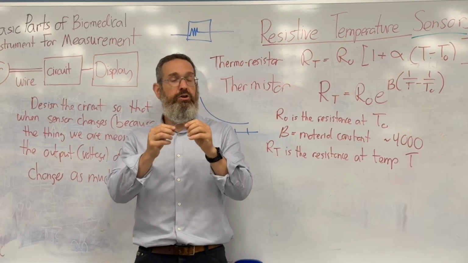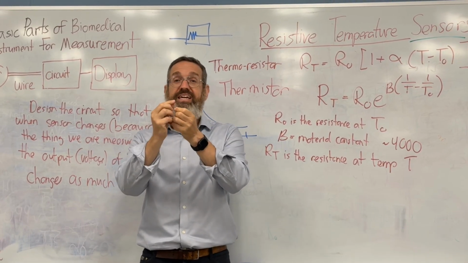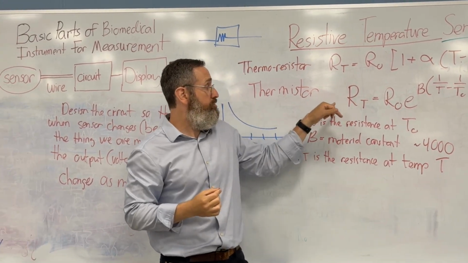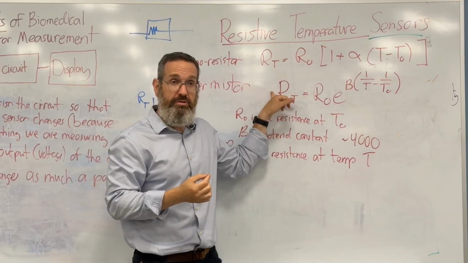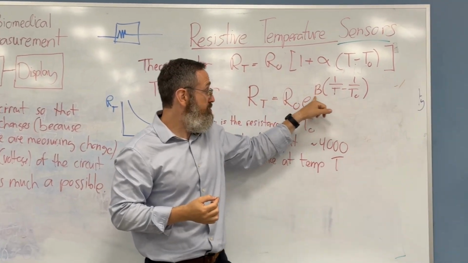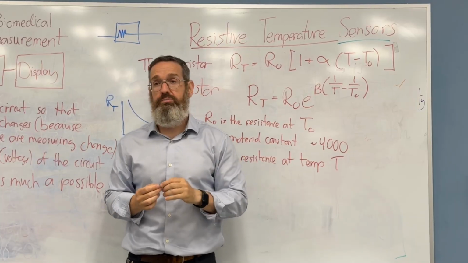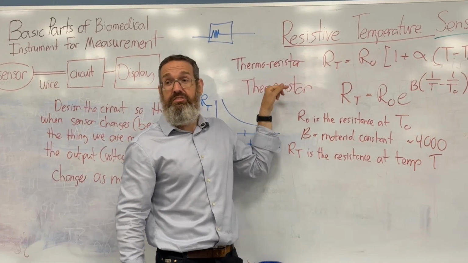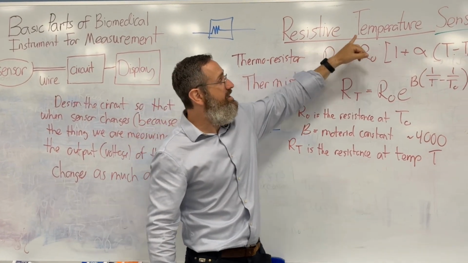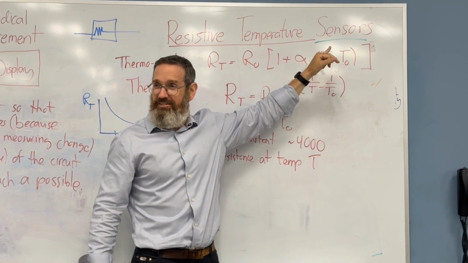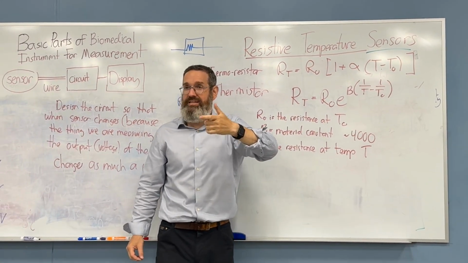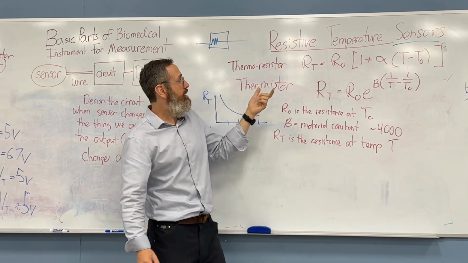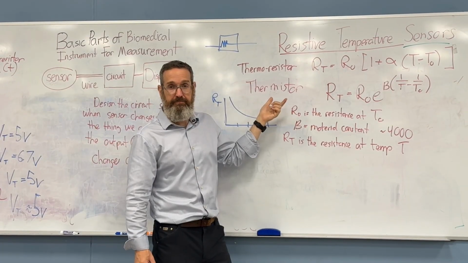There are other materials that when you heat them up, you change their properties in such a way that the resistance goes down. And when it goes down according to this relationship, we call them thermistors. Both thermoresistors and thermistors are resistive temperature sensors. As the temperature changes, they report it through their resistance. But they do so differently.